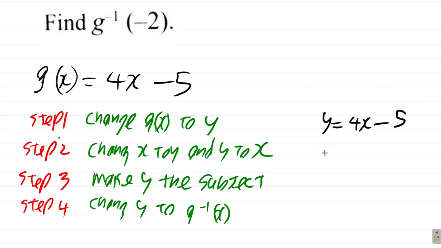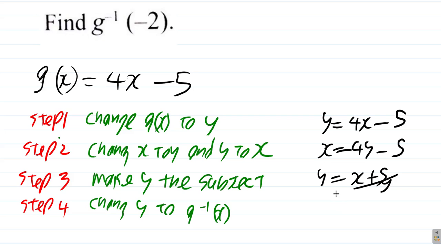Then change x to y, y to x, so x is equal to 4y minus 5. After that, you make y the subject. If you do the transposition, you're going to get x plus 5 over y. Then change y to g inverse, so g inverse of x is equal to x plus 5 over y.